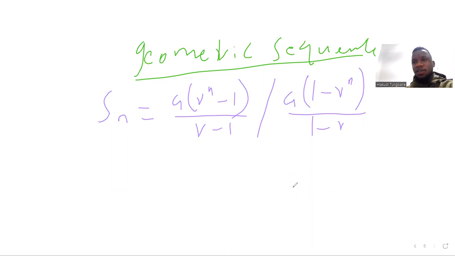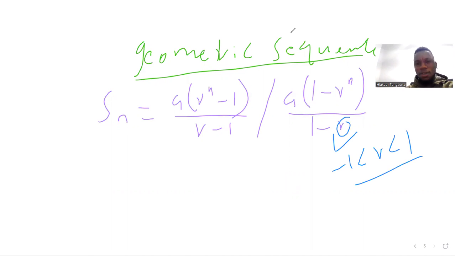What I usually see people or examiners doing is, they usually use the formula on the right if, let's say, the common ratio is between -1 and 1, so they're just trying to avoid dividing by a negative number or a decimal number. But look, that doesn't really change the result, whether you use the one on the right or the one on the left. You still get the same result, right?